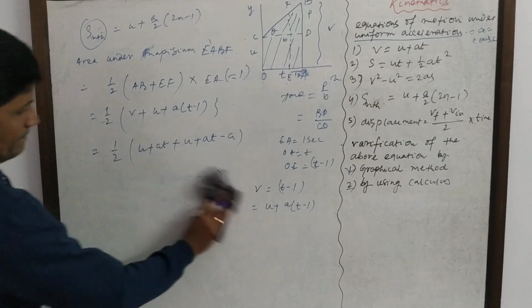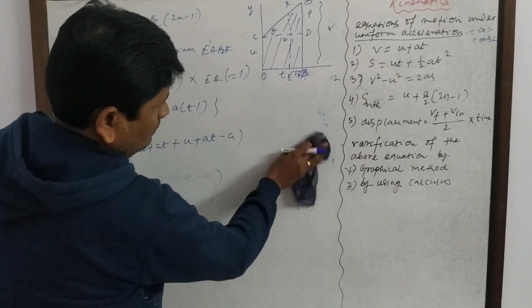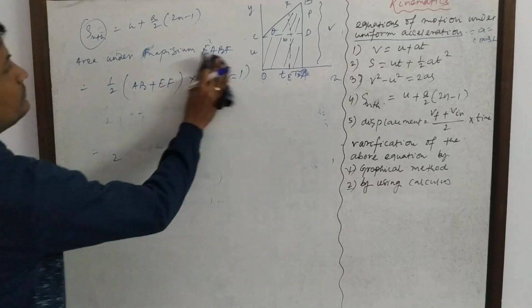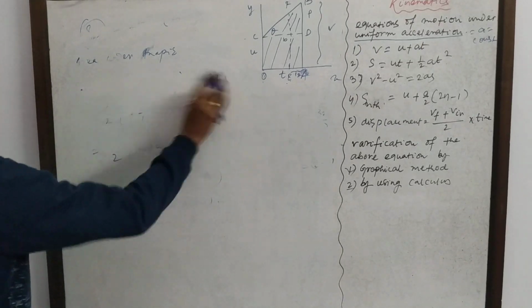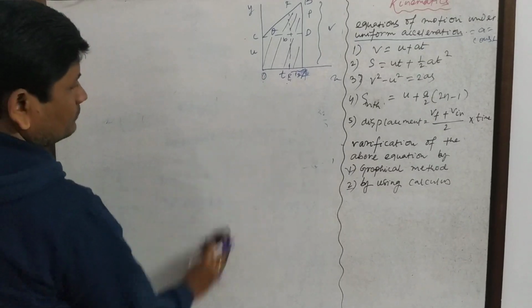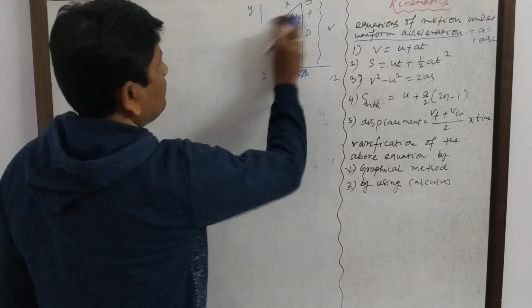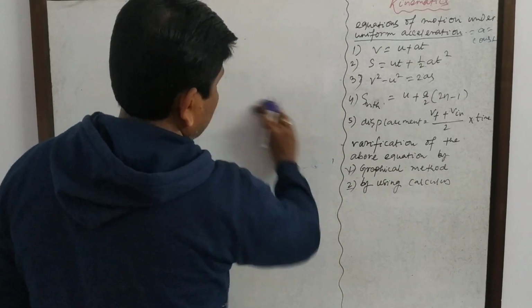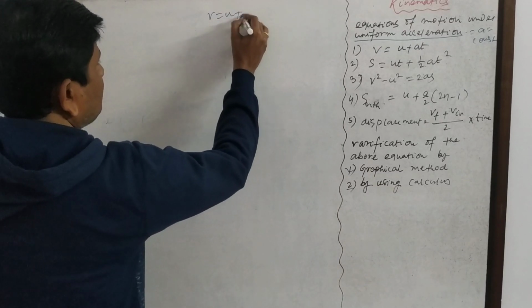Now we will prove these 3 laws of motion by using calculus. Graphical method is done. Now using the calculus method, we have to prove V is equal to U plus AT.